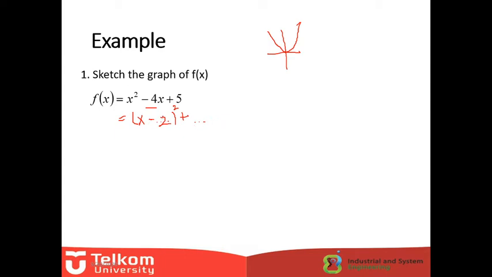Because this is 4x, as we know, (x + a) square should be equal to x square plus 2ax plus a square. If minus, (x - a) square should be equal to x square minus 2ax plus a square.